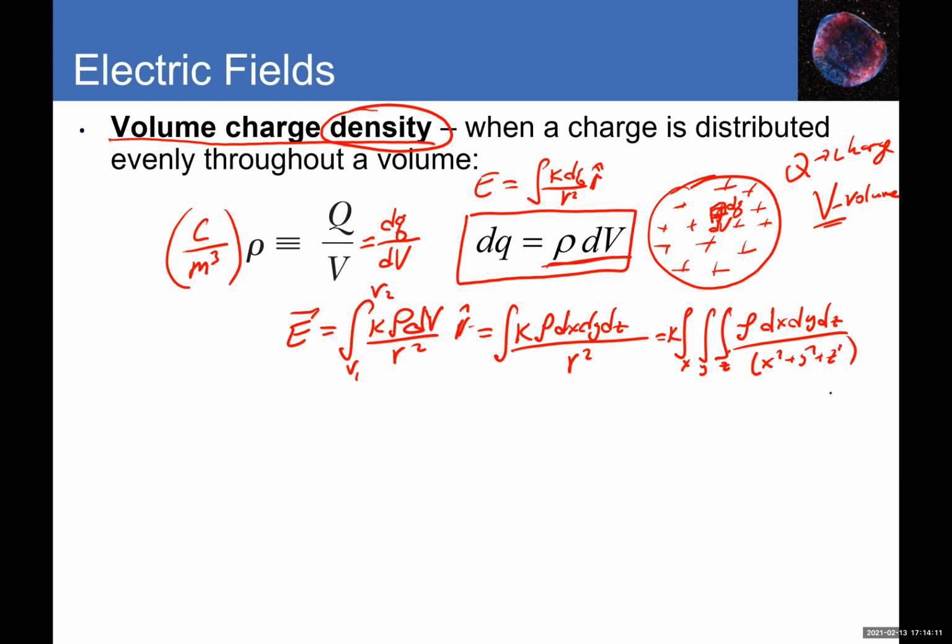So yes, it is a triple integral, but each integral is nothing but a line integral. The integral of dx is just an integral over x, and the second integral you can separate as another one-dimensional integral. So you can break it down into single one-dimensional integrals.